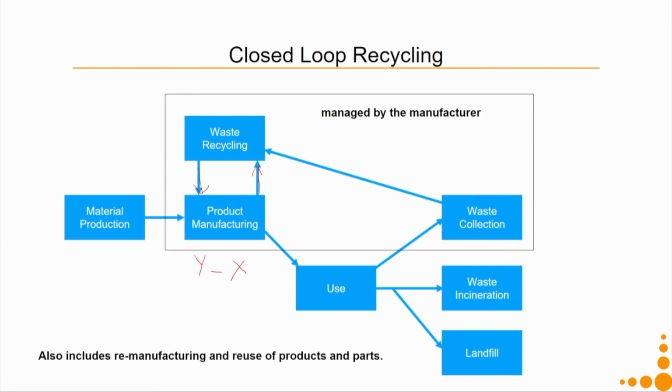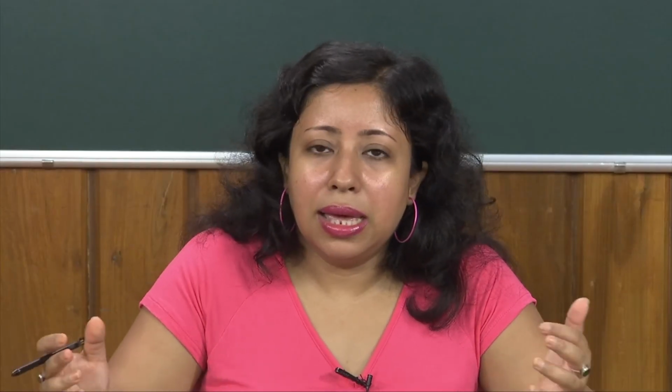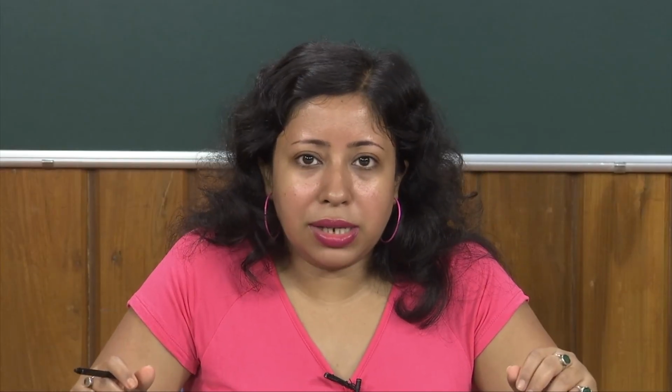In this case we were talking about waste collection, but it also includes things like remanufacturing and reuse of products and parts. What remanufacturing and reuse means is, say my air conditioner is no longer very efficient, so I want to change it, I give it back to the manufacturer.